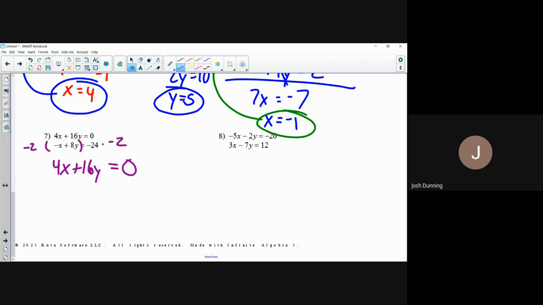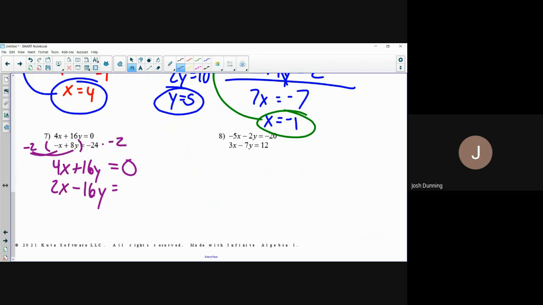On the bottom, and this is why I said I would have just multiplied by 4 if I was doing this, because I got to worry about double negatives. -2 times -x, +2x. I mean, it's not very difficult, but, and then -2 times 8, -16y. Hey, just like I wanted, now those y's will cancel.